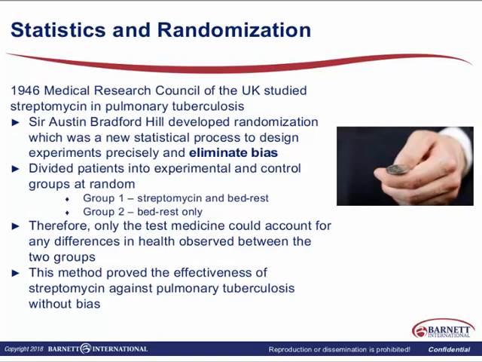He specifically looked at how he was going to treat individuals that had tuberculosis, where he could eliminate his particular bias for a treatment. So looking at using streptomycin and bed rest compared to those only with bed rest to see which one actually treated the tuberculosis, what they discovered was that the introduction of both bed rest along with the streptomycin treated the tuberculosis without any bias.